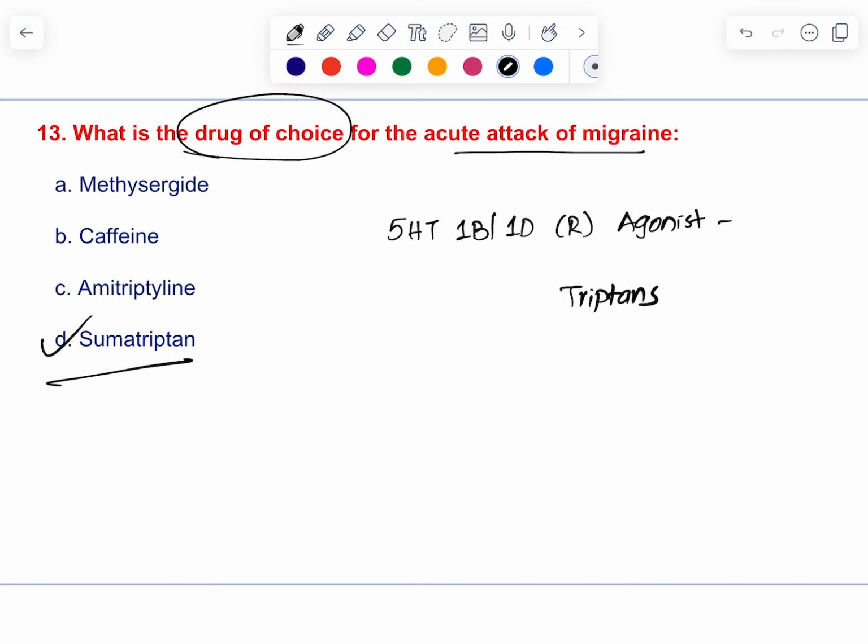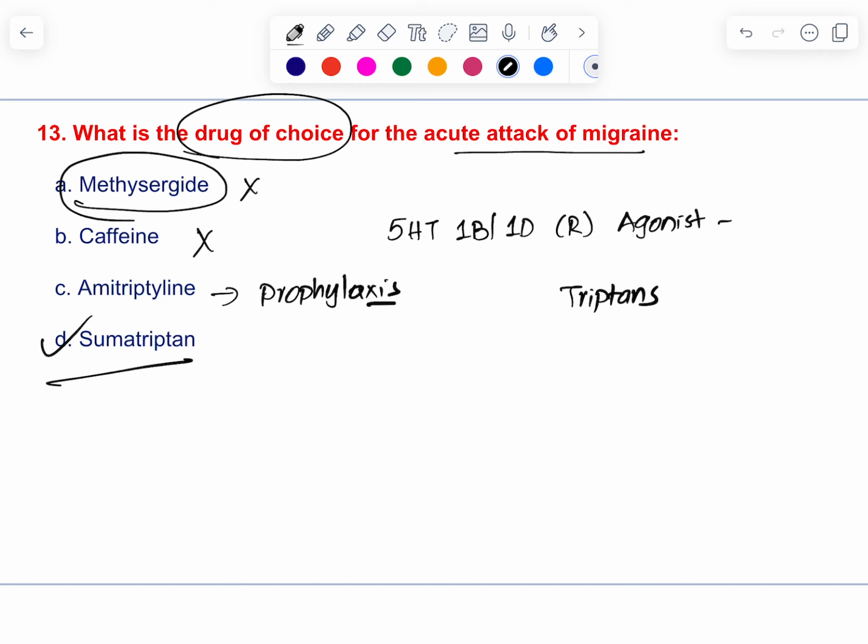And sumatriptan is considered the drug of choice. Previously we were giving methysergide, but it is a non-selective 5-hydroxytryptamine receptor agonist, so that was associated with many adverse effects. So methysergide is no more used. Caffeine is not used in migraine, whereas amitriptyline is used as prophylaxis in migraine.